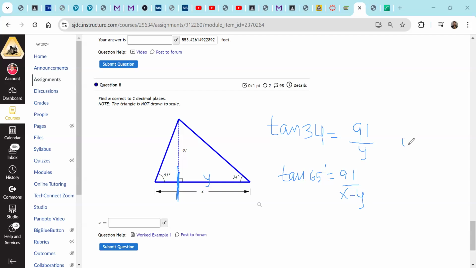So from the first one, we're going to have y equal to 91 over tangent 34. From the second one, we're going to have x minus y equal to 91 over tangent 65.